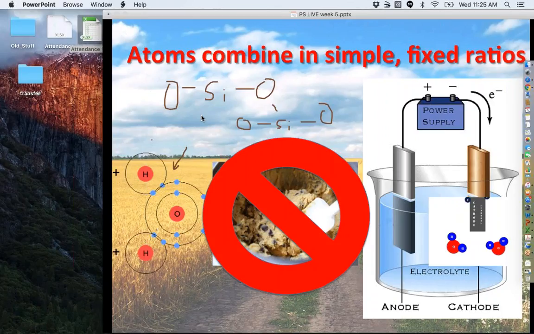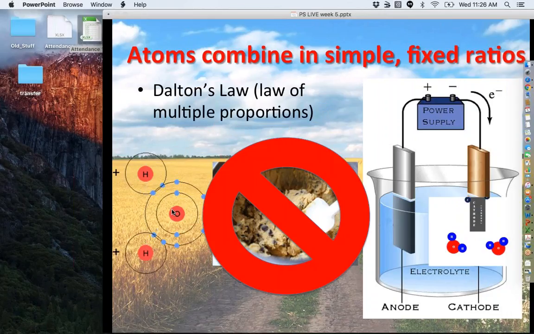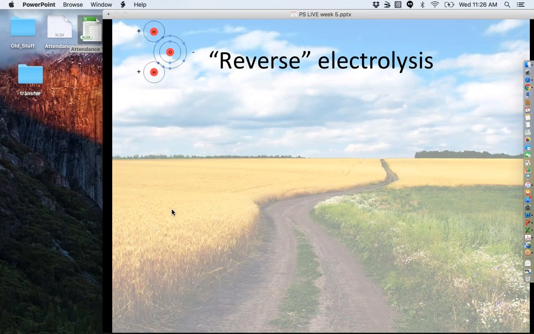They form a lattice like that, but always in the same ratios. In this case, it's always going to be 2 to 1. It's never going to be 2.5 to 1, or whatever. It always is going to be a fixed ratio. That's one of the rules of chemistry, which we learned just from studying how it worked in the real world. It's called Dalton's law, the law of multiple proportions.